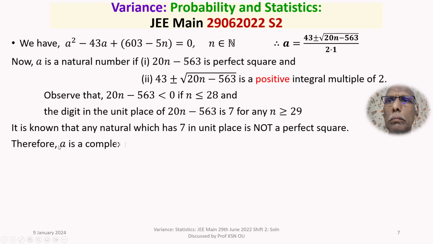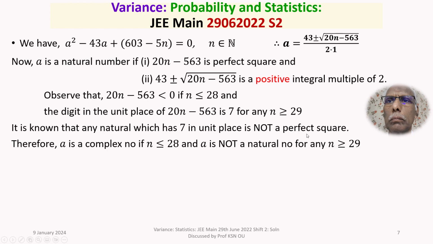Therefore A is a complex number if n is less than or equal to 28. Why? Because for n less than or equal to 28, 20n minus 563 is negative, so the square root of a negative is a complex number. And when n is greater than or equal to 29, 20n minus 563 always ends with 7.